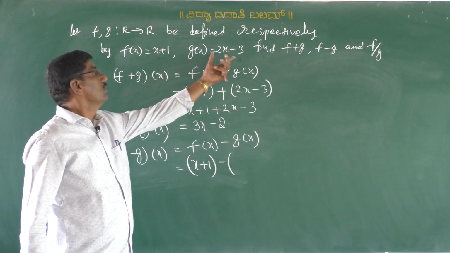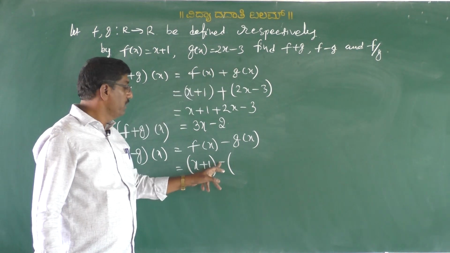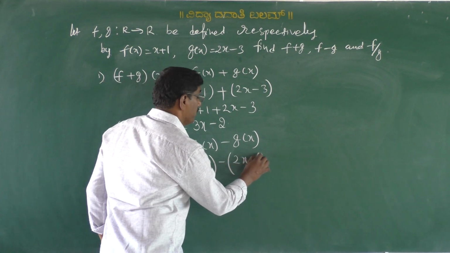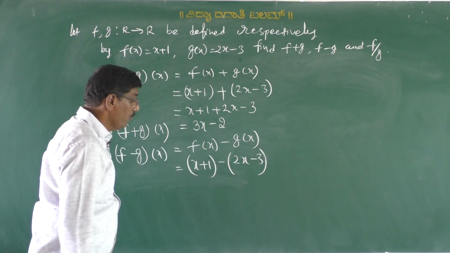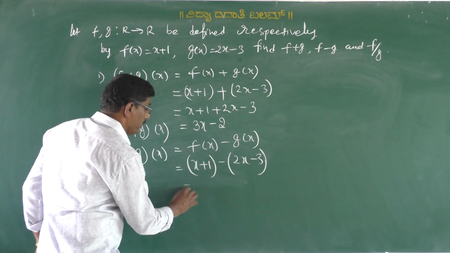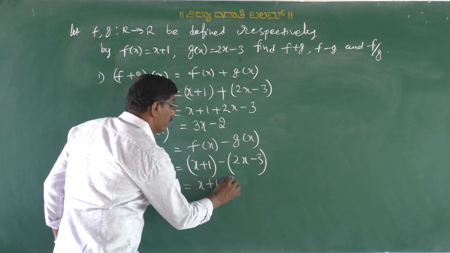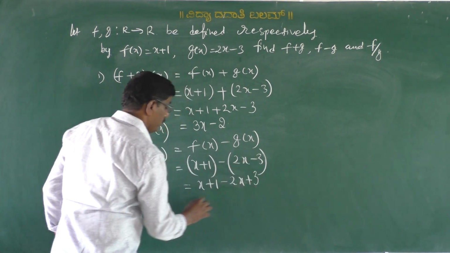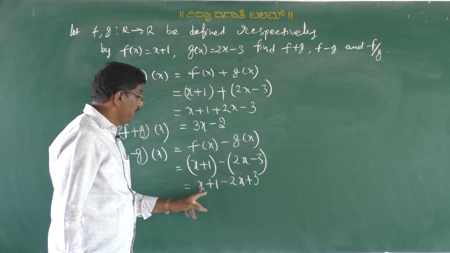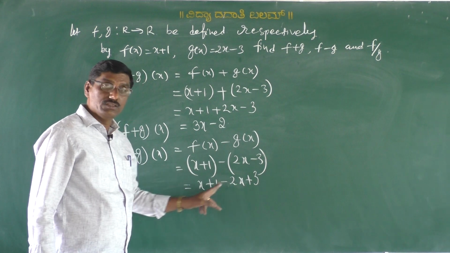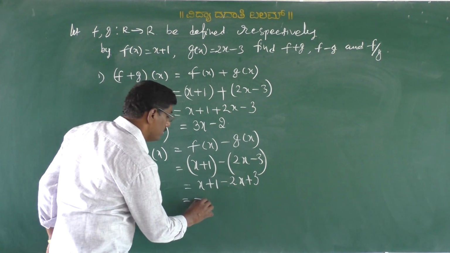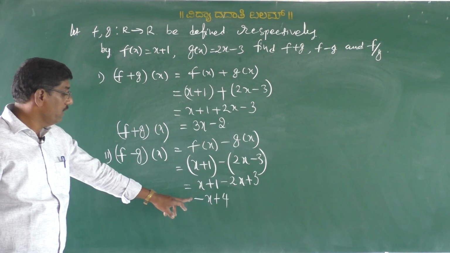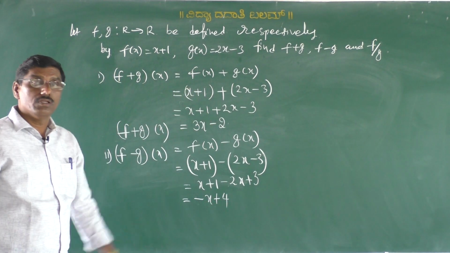Why? Here binomial terms are there. This minus is related to both the terms, 2x minus 3. Now we have to remove that bracket by multiplying: x plus 1 minus 2x, minus into minus becomes plus 3. The answer is x minus 2x, that means minus x plus 4. Have you understood, all of you? Minus x plus 4.